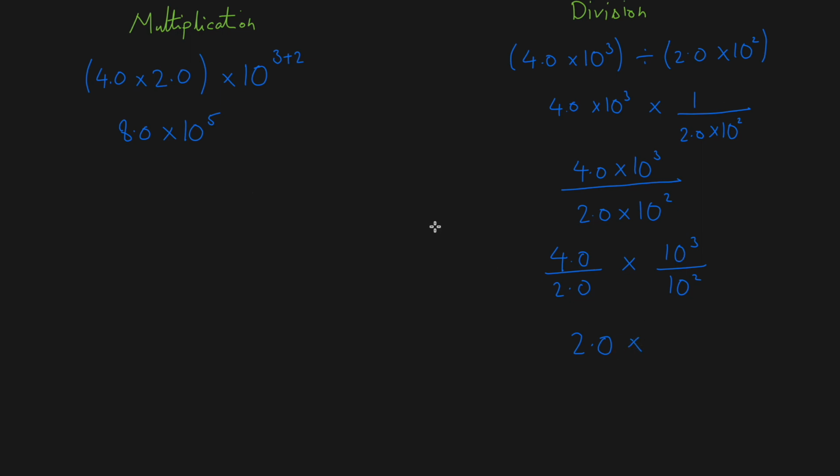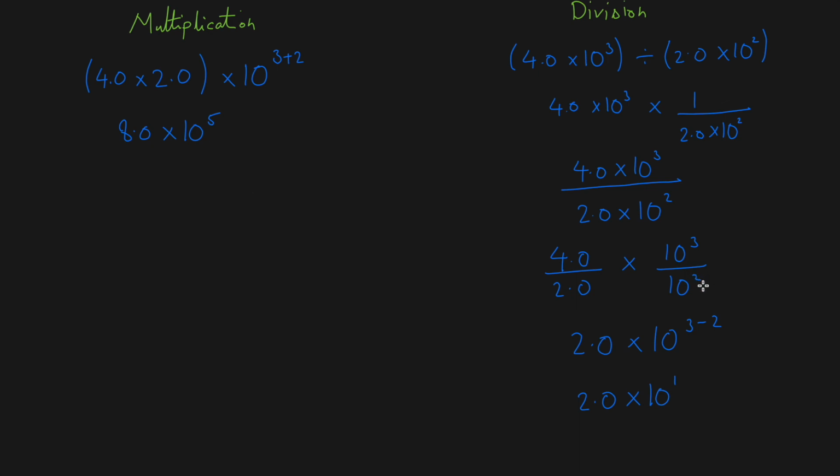Well, easy. In multiplication we did addition; here it will be the opposite. Here it will be 3 minus 2, and then we'll have 2.0 times 10 to the power 1. So multiplication is simply adding the tens exponents, while division is subtracting the tens exponents. I want to make clear how this happened, so I'll go through the additional steps.